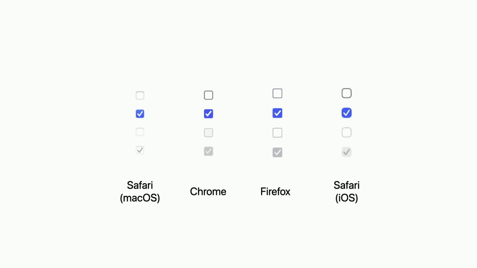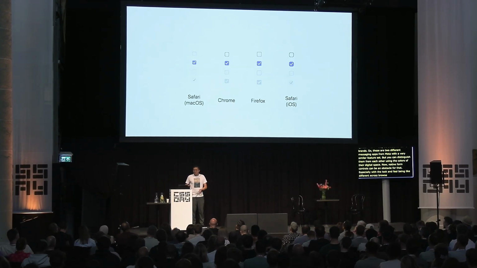Now, native form controls can be an obstacle for that, especially with the look and feel being different across browsers and platforms. So native controls aren't really an ideal default anymore if you want to get fancy with branding.